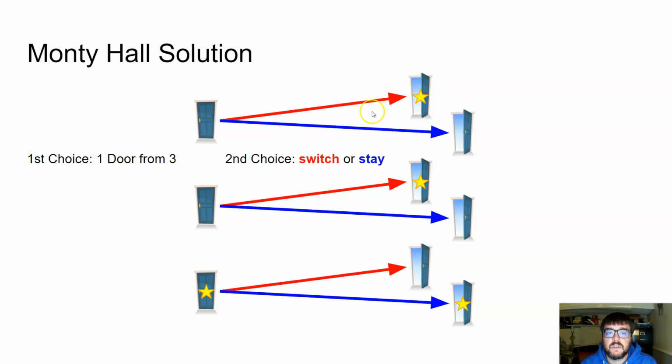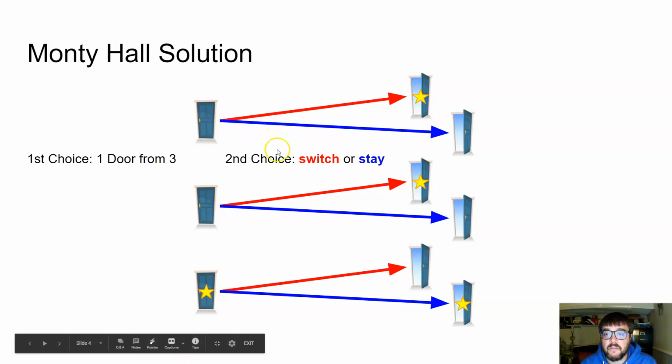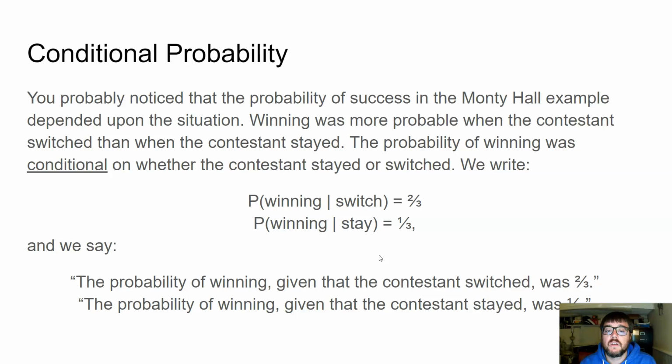So if you switch, 2/3 of the time you win, 1/3 of the time you lose. If you stay, 2/3 of the time you lose, 1/3 of the time you win. So we say that the probability of winning given that you switched is 2/3, and the probability of winning given that you stay is 1/3. Interesting.